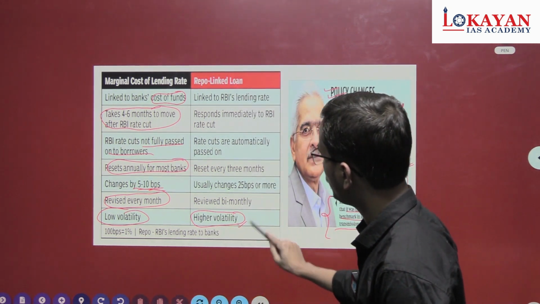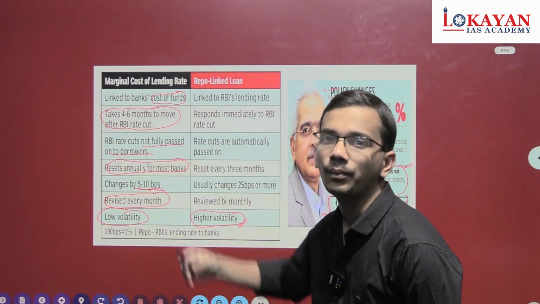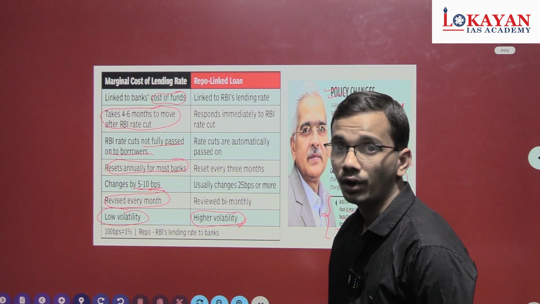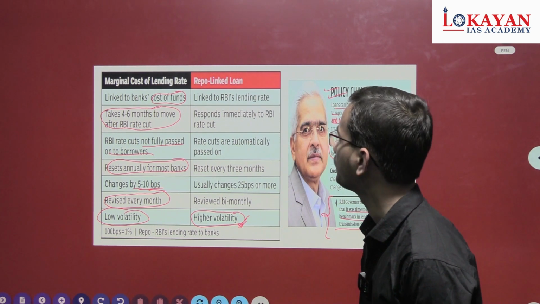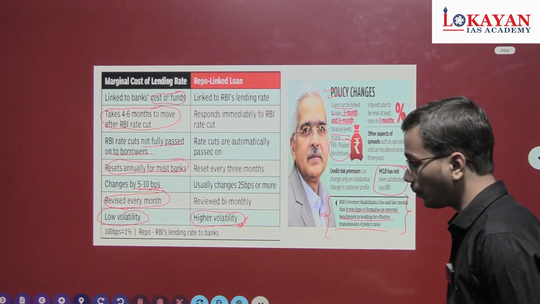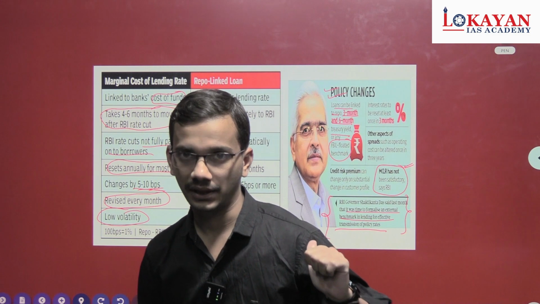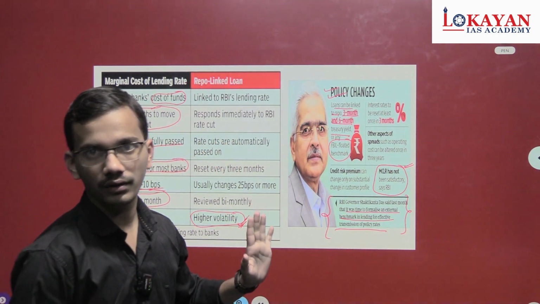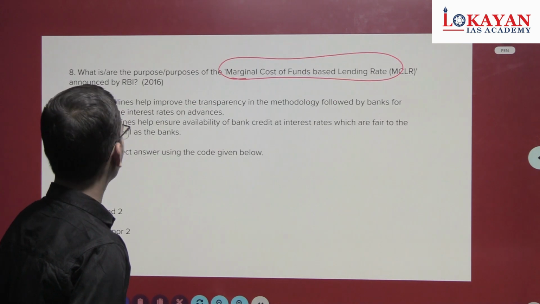So it has higher volatility, because along with repo it also has other components. In the earlier system volatility wasn't that much. Okay, this is all about base rate, BPLR, MCLR and external benchmarking. External benchmarking is very important. Upcoming prelims. Let's solve the questions now.